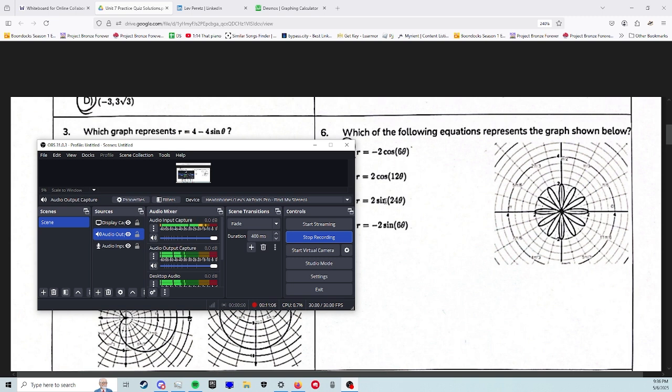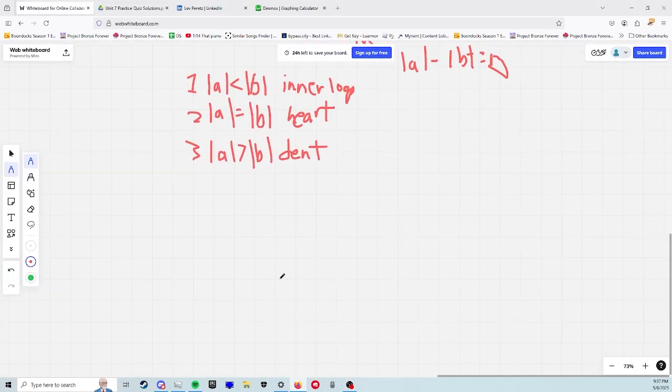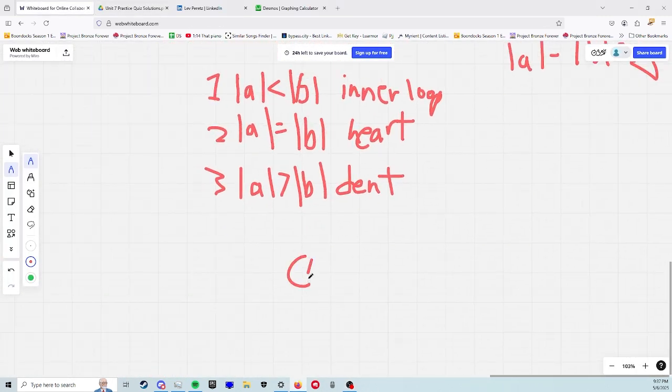That would mean it'd have 48 petals, because 24 times 2 is 48, and the second one would be 24 petals, because 12 times 2 is 24. So the next value that we have to look at is the first one. So minus 2 cosine 6 theta, and that is true because cosine graphs always start at 0.